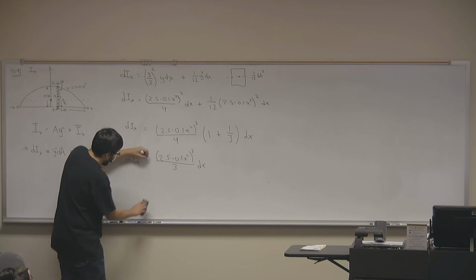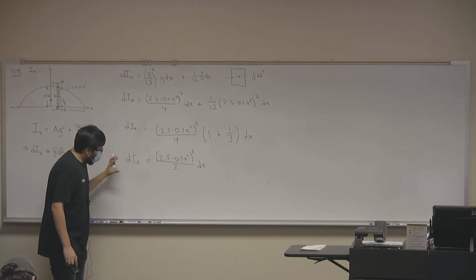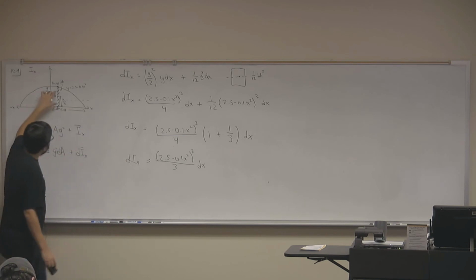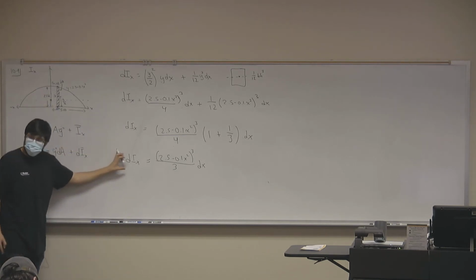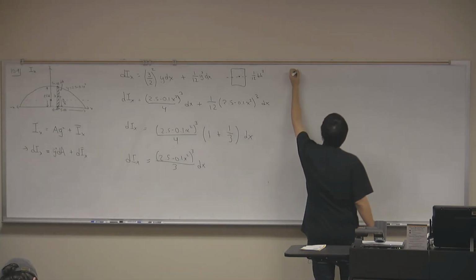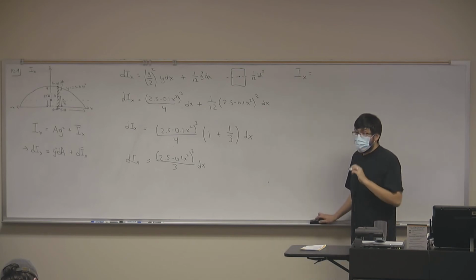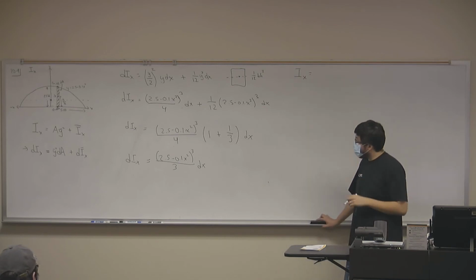All right? How is dIx, the moment of inertia for just one element, how is that single moment of inertia related to the complete or total moment of inertia for the entire element? Integrate. Exactly, right?